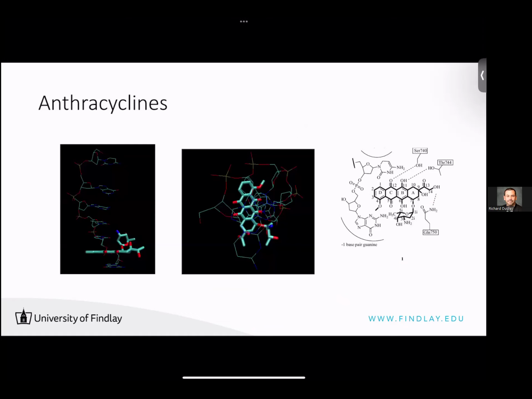So here's an example of what I was describing when I was talking about intercalation. That area that I just circled represents that flat ring system, the B, C, and D ring. And the B, C, and D ring is going to be able to slip right in between two bases in the helix. And then you can see the daunosamine sugar, and then another portion of the molecule kind of sticking out there in the groove.